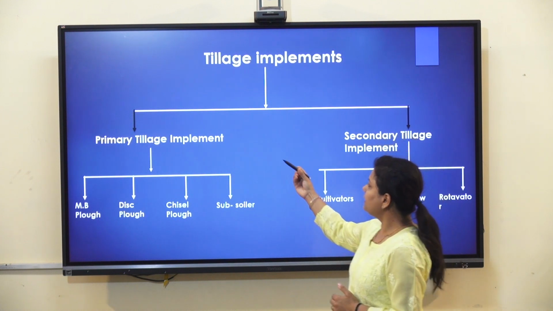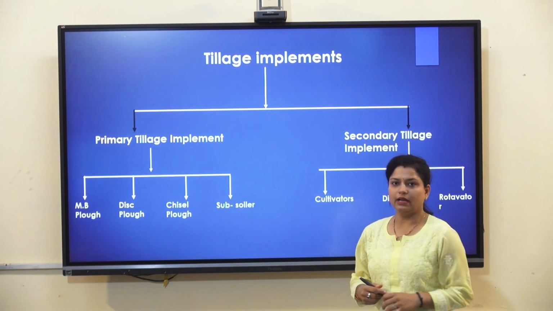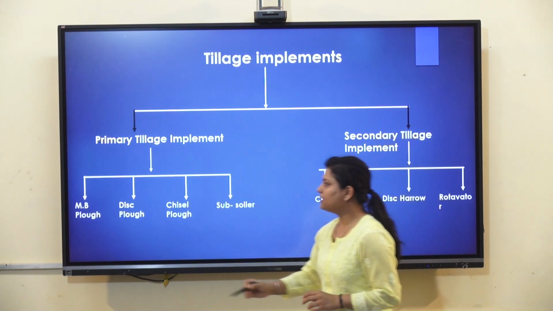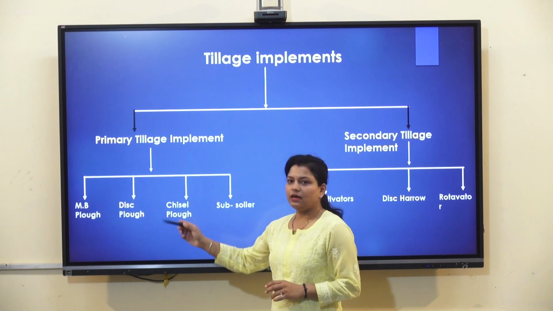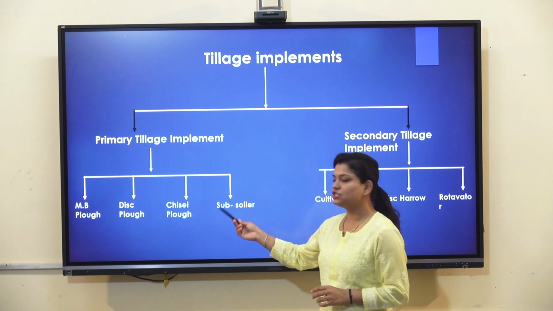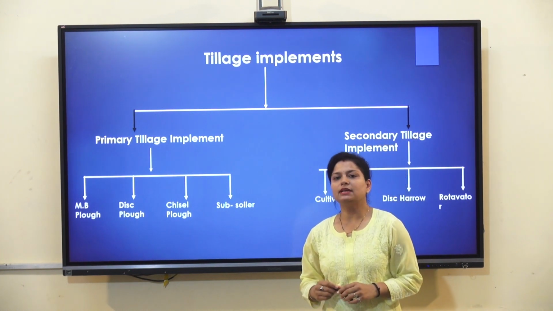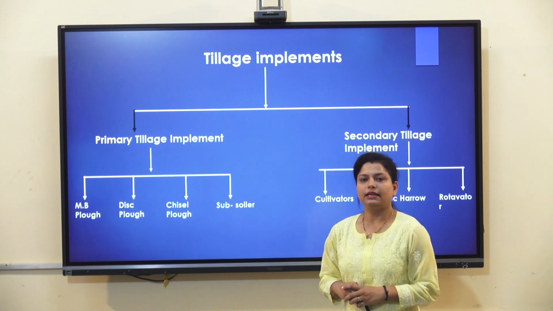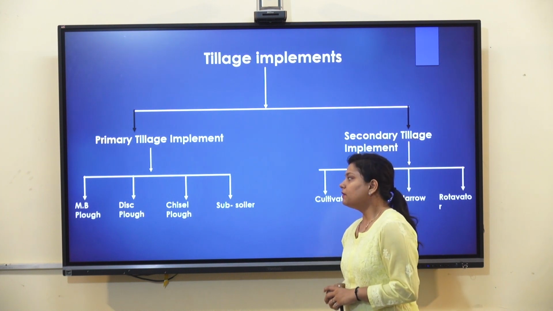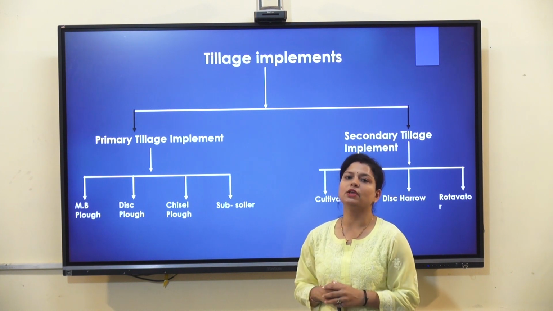In primary tillage, there are different types of implements. First one is the moldboard plow, which is also known as the ampli plow. Second one is the disc plow. Third one is the chisel plow, and fourth one is the subsoiler. The ampli plow is one of the oldest tillage implements, and the disc plow is also used for the first opening of the soil.